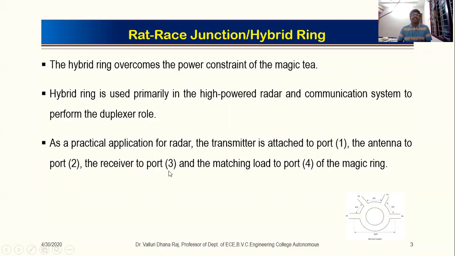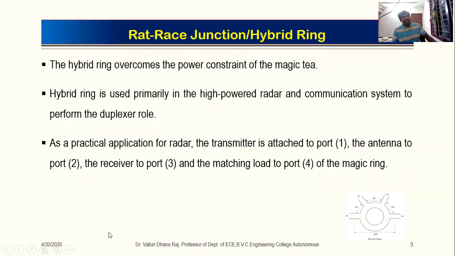When we have connected the transmitter, receiver and the corresponding antenna, as I said, in the radar, when I'm doing transmission operation the receiver must be isolated. When I'm doing receiving operation, the transmitter should be separated.